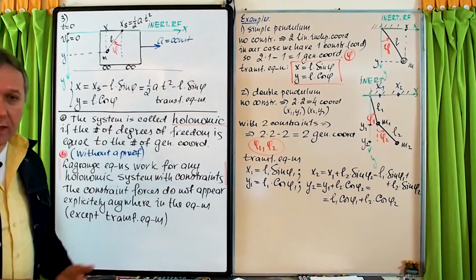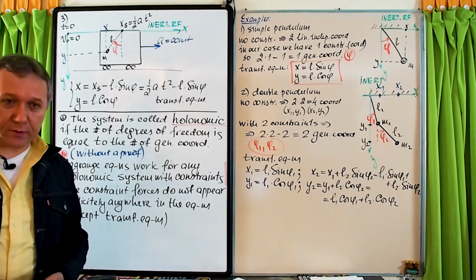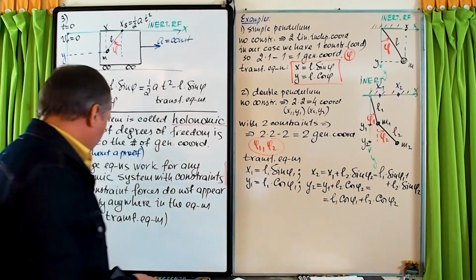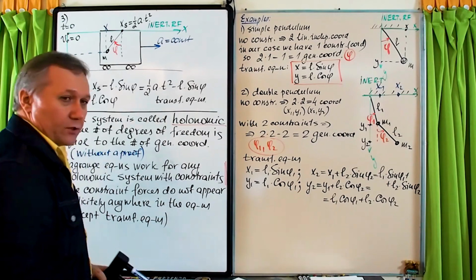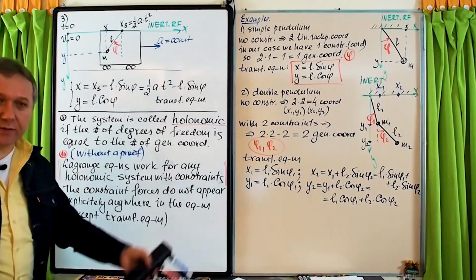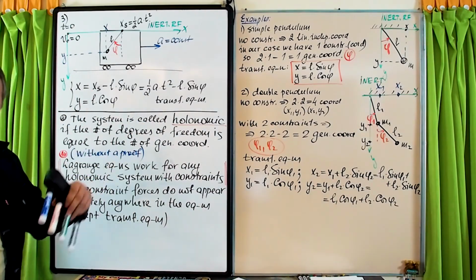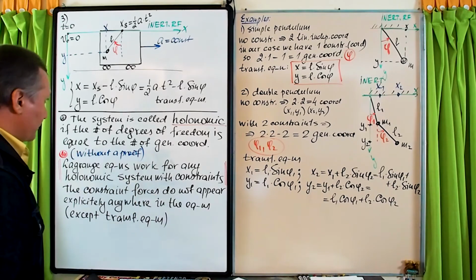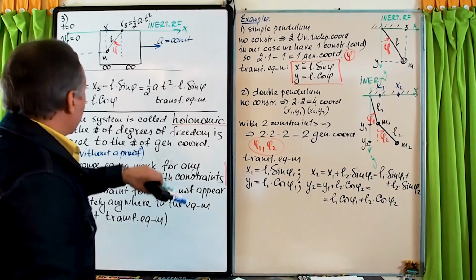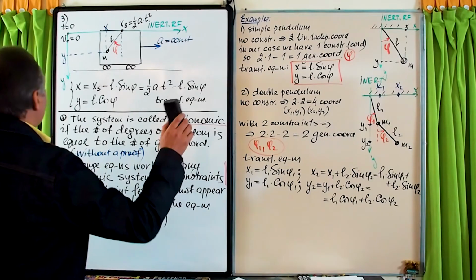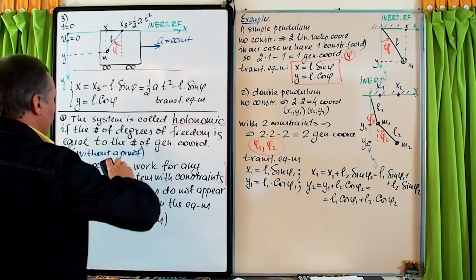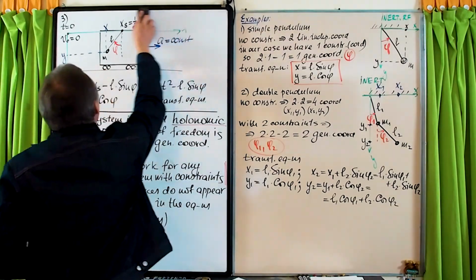Now let's look at real examples. We'll start from scratch with finding generalized coordinates, transformation equations, then the Lagrangian, the Lagrange equations, and we will solve it completely. All right, I guess I will start erasing this.